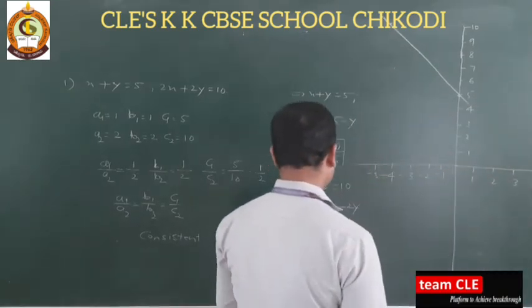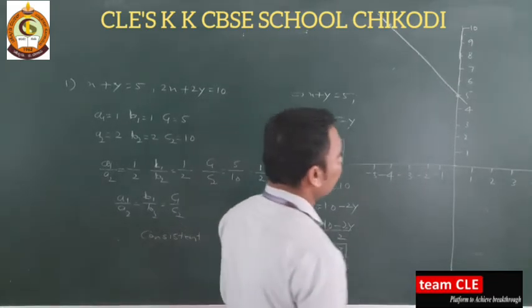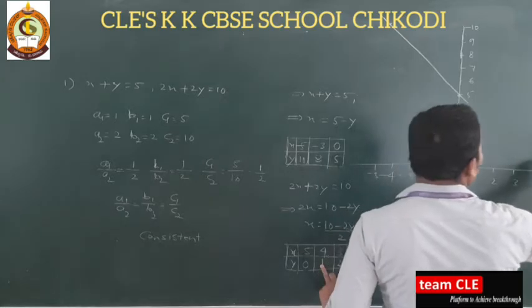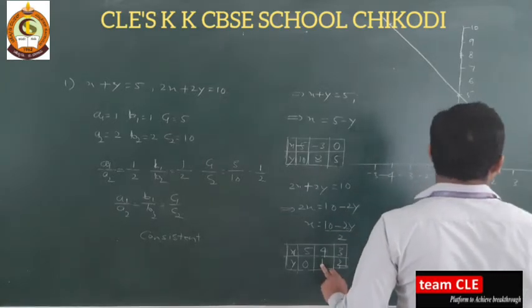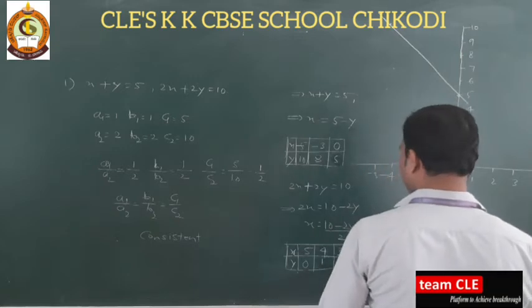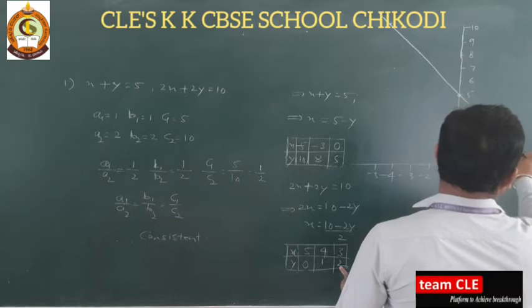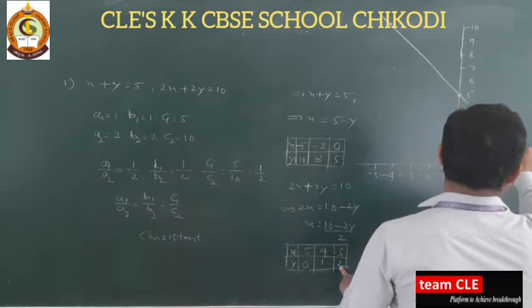Next, we have x is 4 and y is 1. This point we will get here. Next, x is equal to 3, y is 2. We have this here.